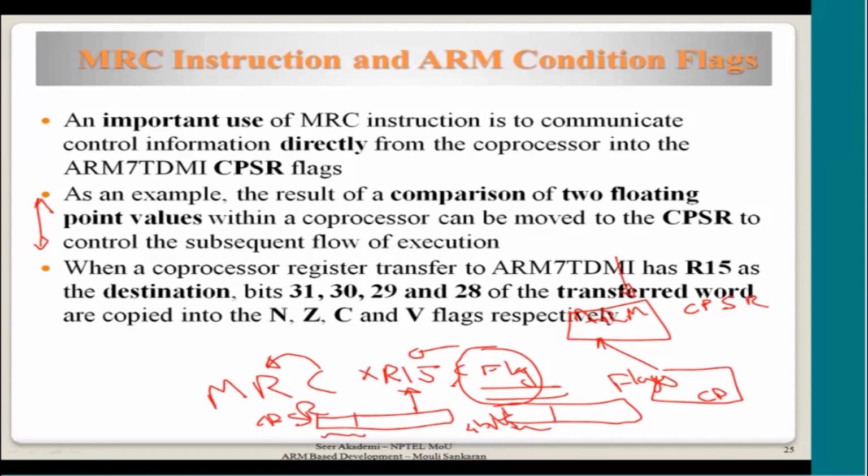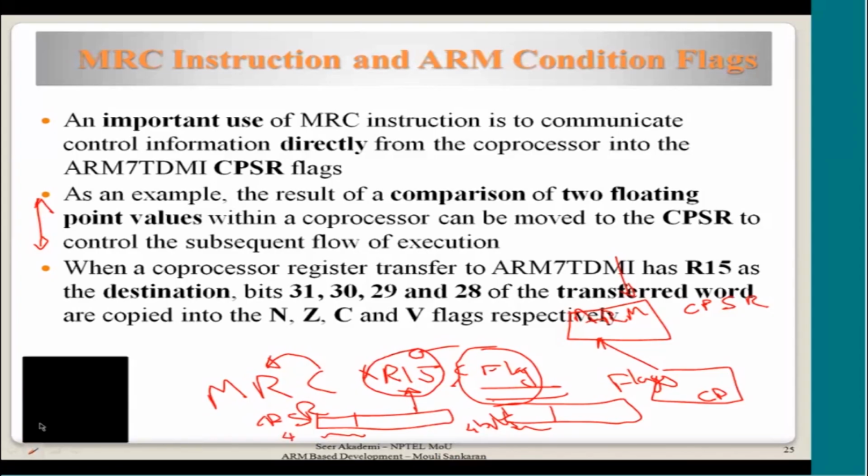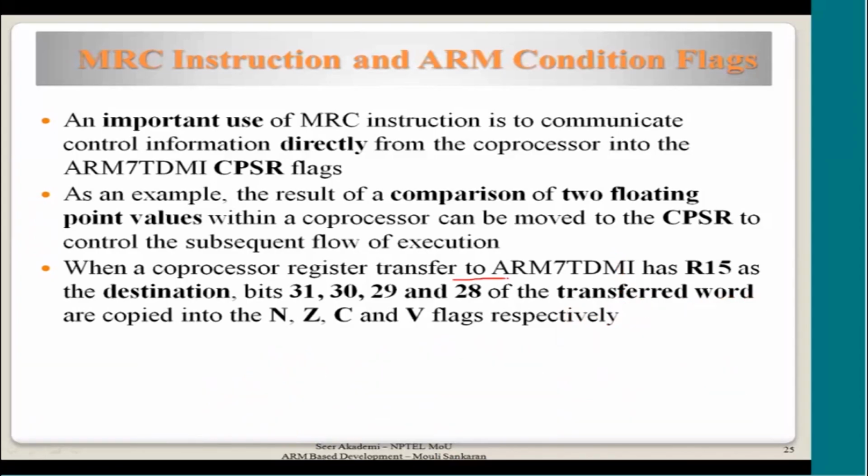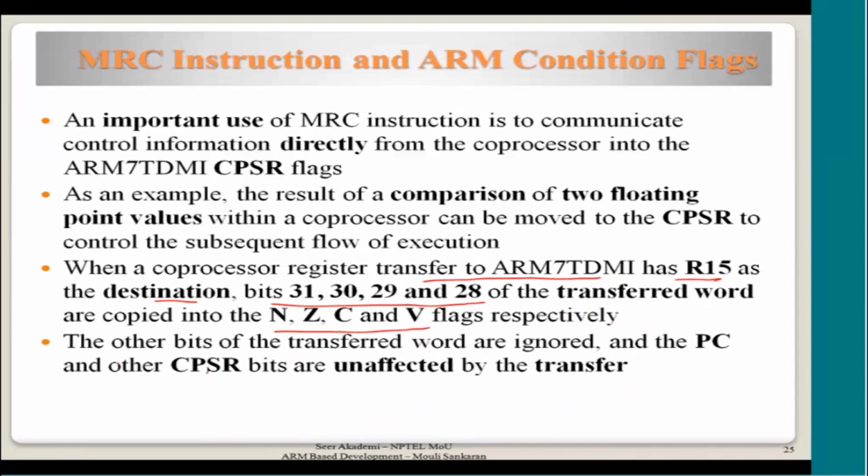When a coprocessor register transfer to ARM has R15 as the destination register, bits 31 to 28 of the transferred word are copied into these flags, and other bits remain unaffected, and the PC is also not affected. So it is an indirect way of saying I want to transfer the flags inside the coprocessor to the flags in the ARM processor. So what you should do?